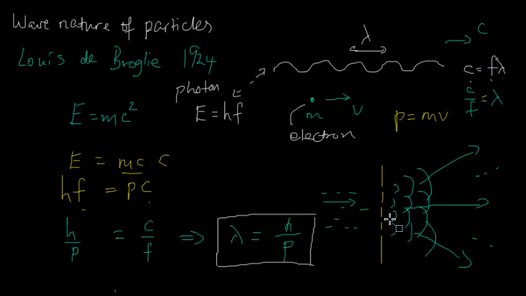The spacing should be a few times the wavelength of the light wave, so that we can observe the fringes clearly. If not, the fringes would either be too close together or too far apart, and you can't really see anything. So that's the first thing that we need to do.